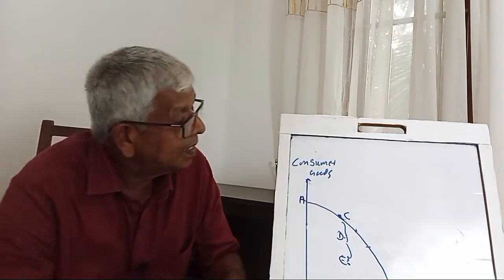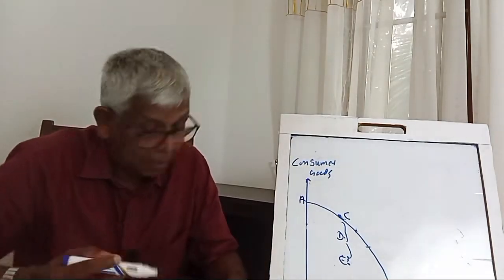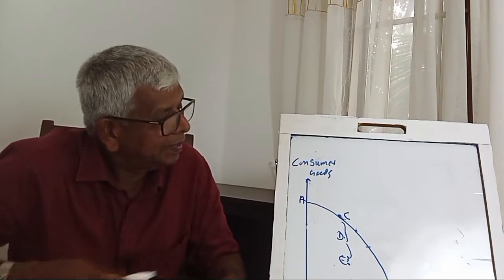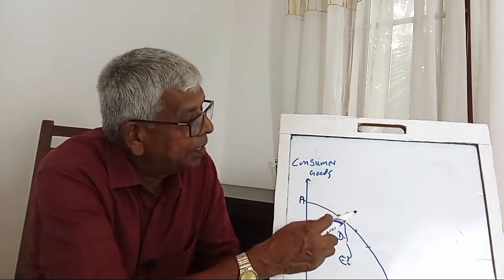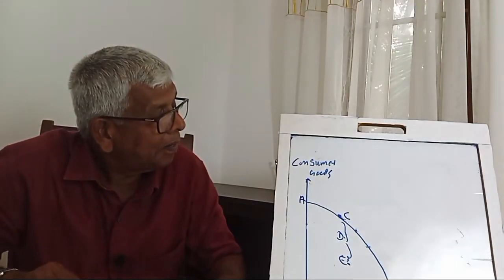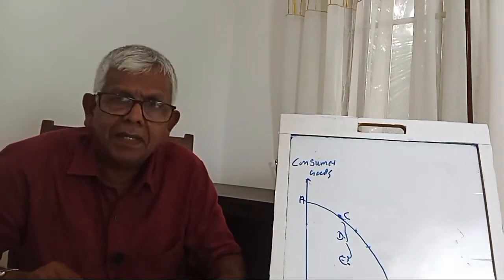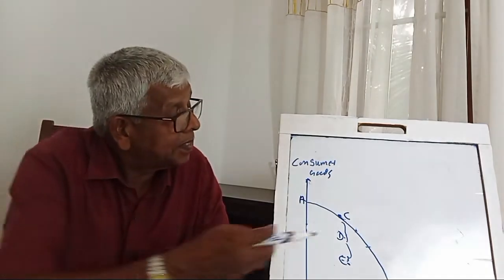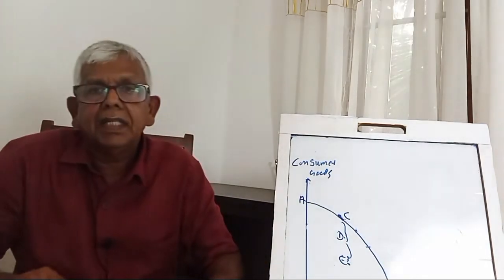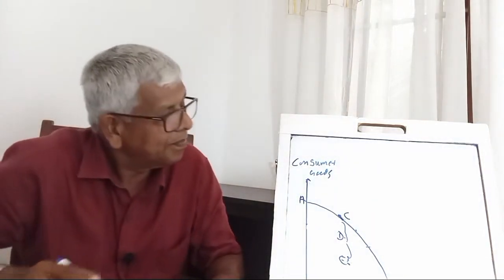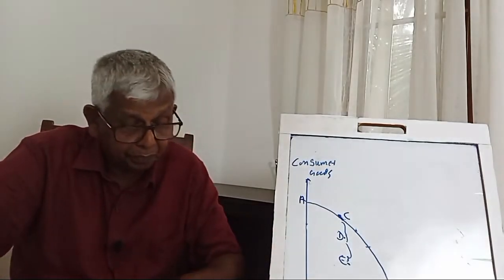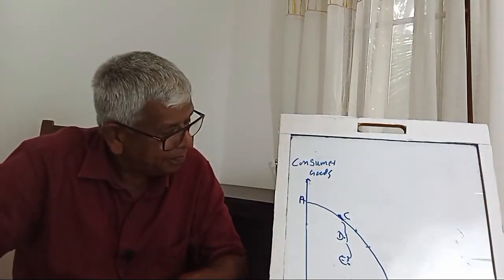This is a production possibility curve AB. Point C is on the PPC, which is an efficient production level.